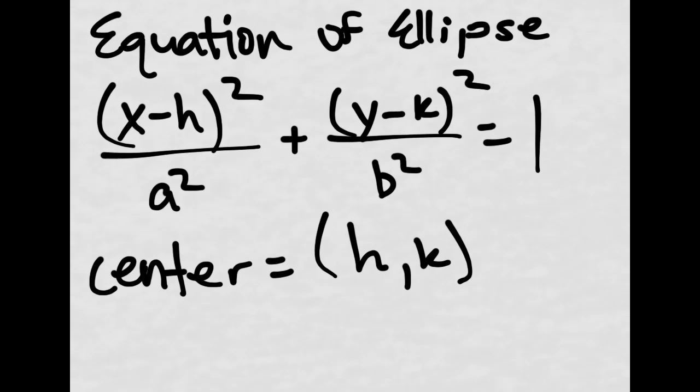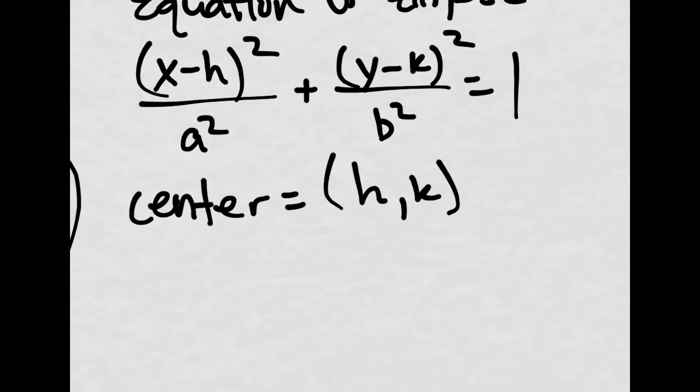And we really don't have a radius because it's an oval. What we have is a major axis and a minor axis.